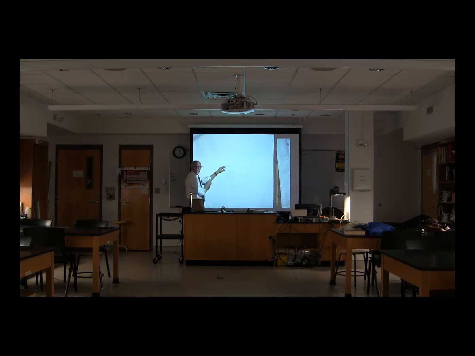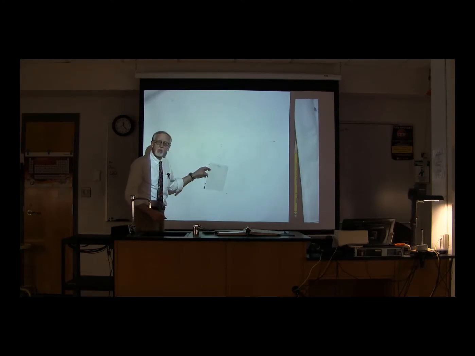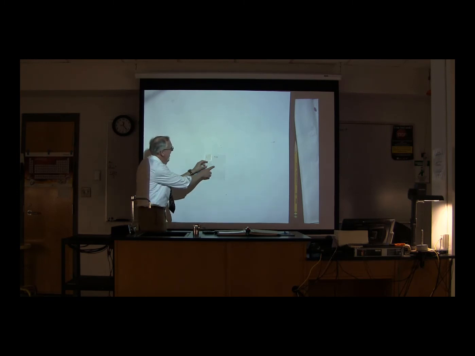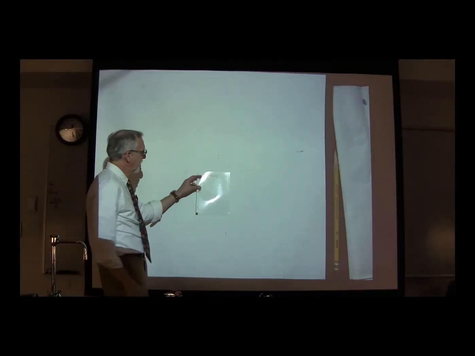What I want to do is bring you in a little bit closer and see if you can see it a little bit better. Now, I've brought you into about half the distance you were before, so this should be maybe twice as big. You can see it right there. Do you see the spot right there? Still? What does it look like to you? Well, let's bring you in a little bit closer. Here we go.